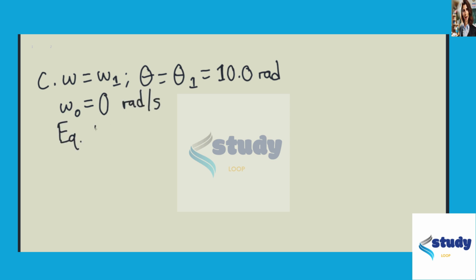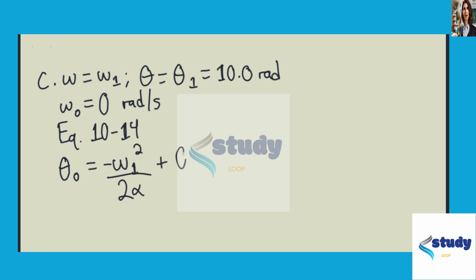Therefore, we can use equation 10.14 and say that theta initial would be equal to negative omega sub 1 squared divided by 2 times alpha plus theta sub 1. And we can then solve, and we find that the initial angular displacement is 2.50 radians. This would be our answer for part C.